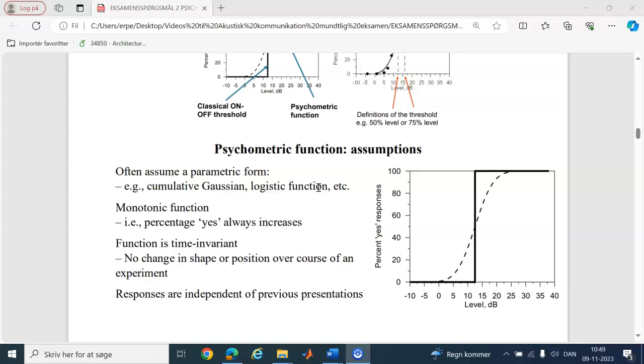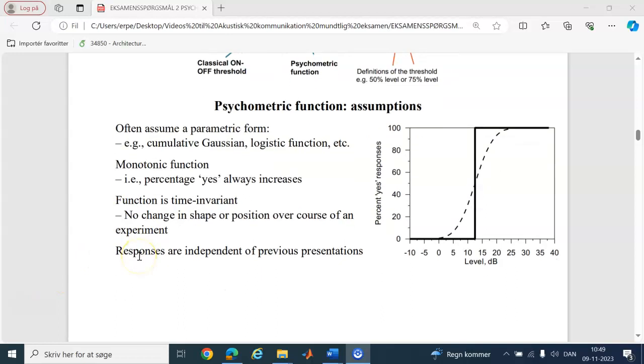It's monotonic: the percentage yes always increases. The function is time invariant, with no change in shape or position over the course of an experiment. And responses are independent of previous responses.